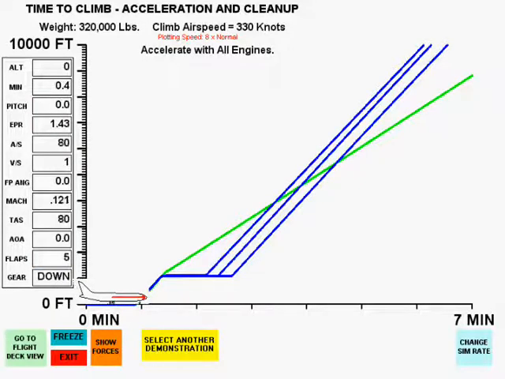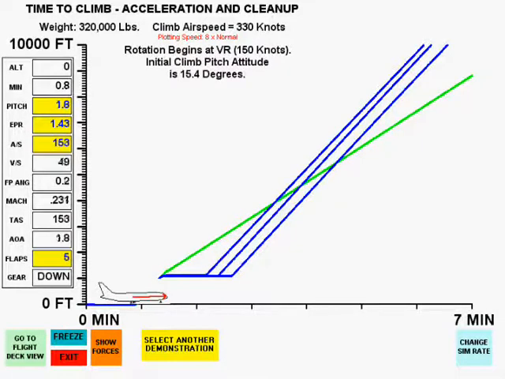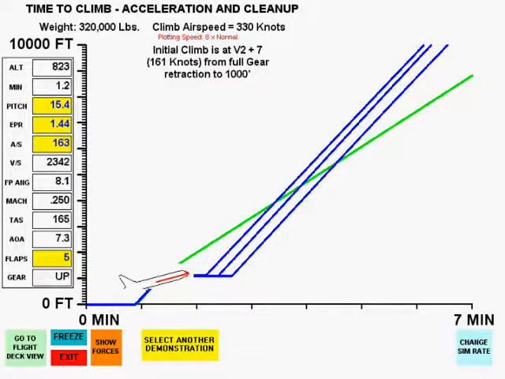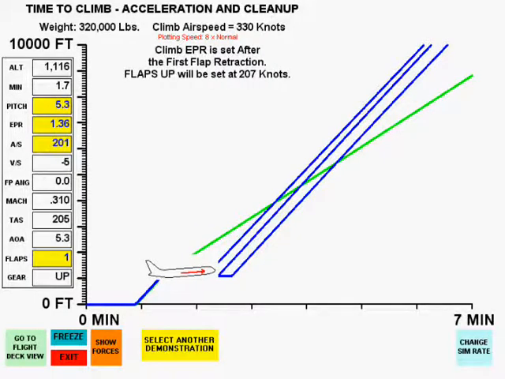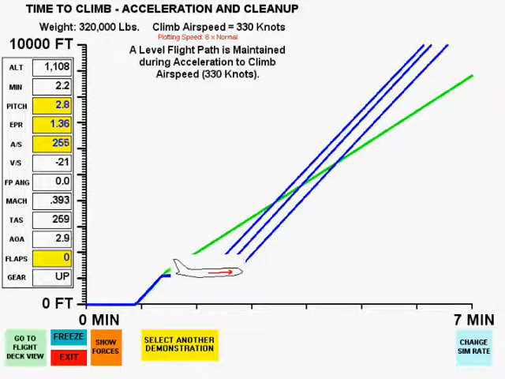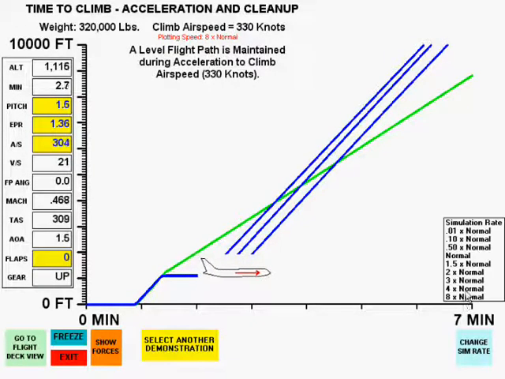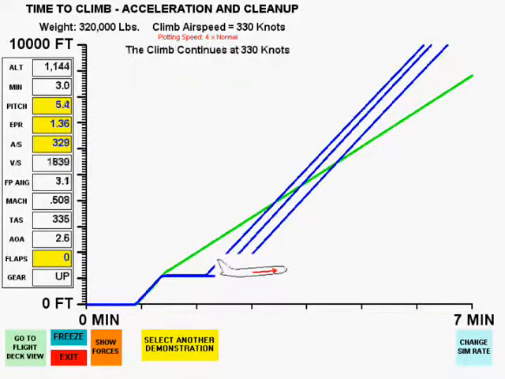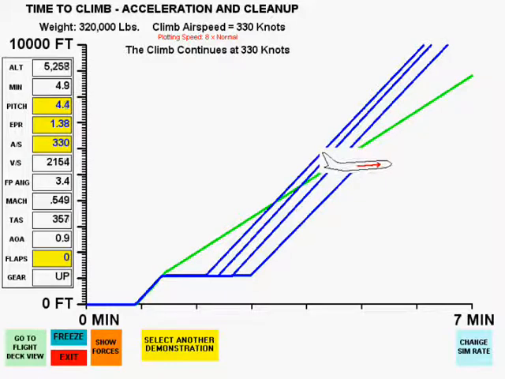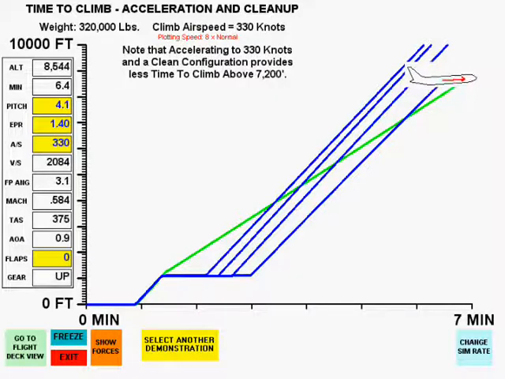Finally, we will look at a faster cruise climb of 330 knots. Here, the break-even altitude for time is 7,200 feet.